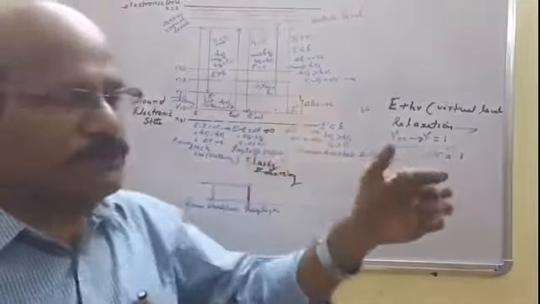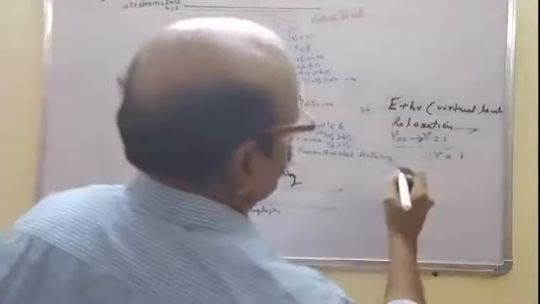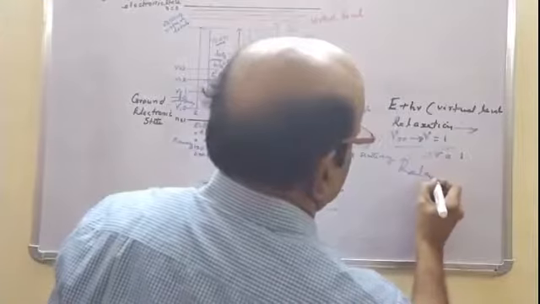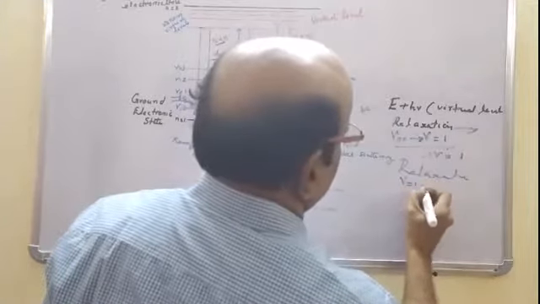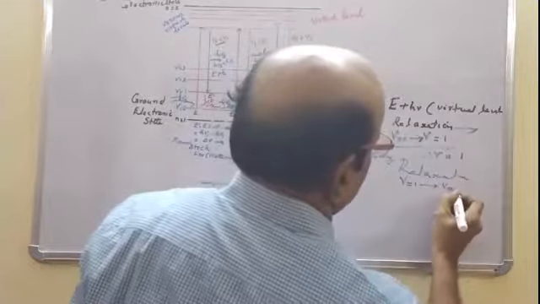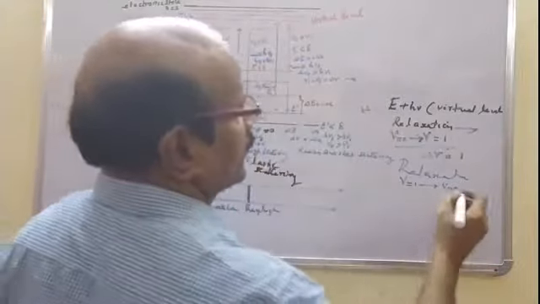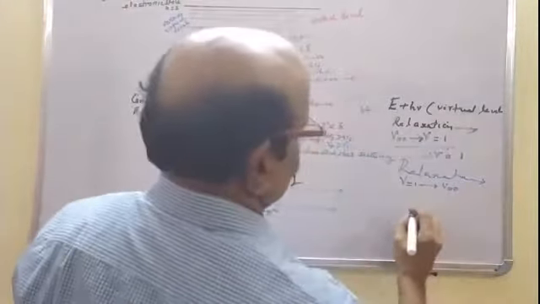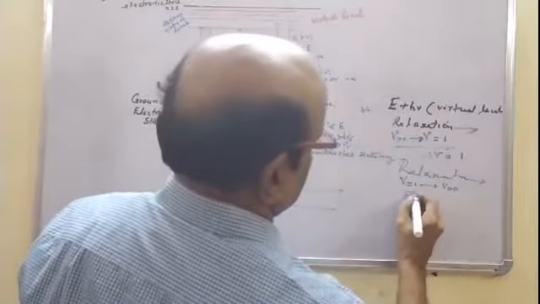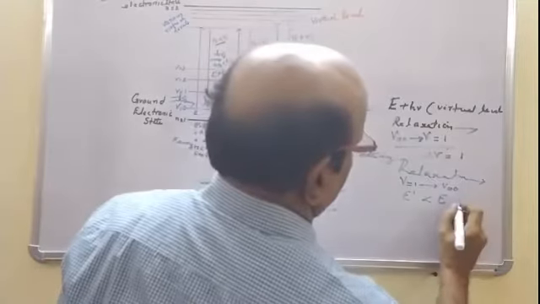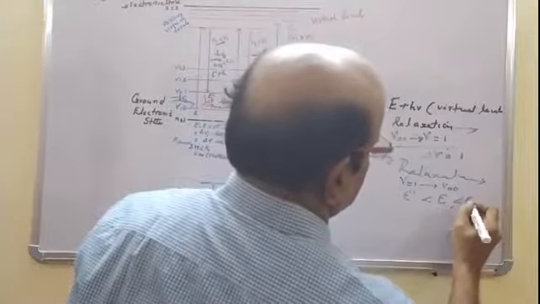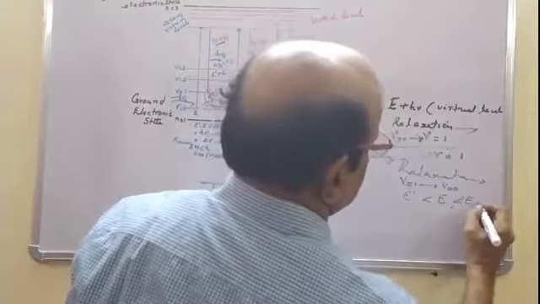So the molecule after relaxation in this process reaches from nu is equal to 1 to nu is equal to 0. Understand that it reaches nu is equal to 0. So E dash is lesser than E, or delta E is E dash minus E, which is negative.